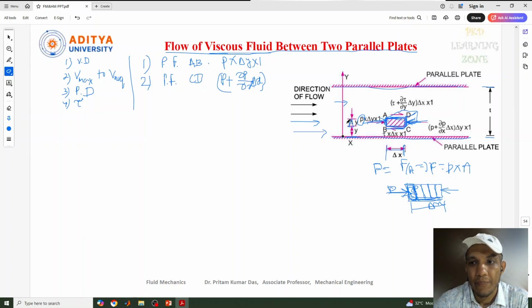What about the area? Similarly, delta Y into 1. These things we have already discussed in previous videos, so you can refer to those also. So these two are pressure forces.